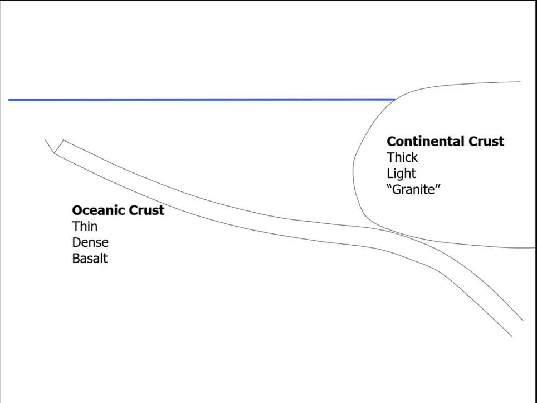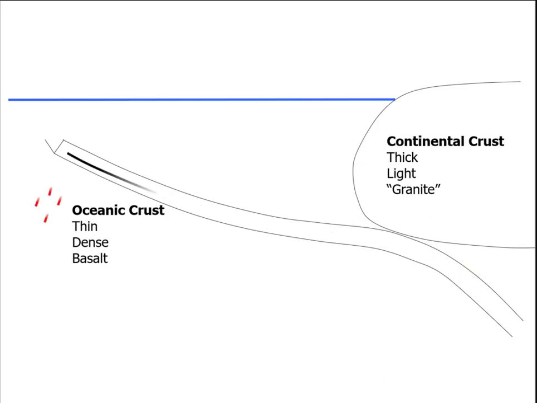What's happening here is we have a divergent boundary, and so magma is being drawn up here and creating new rock there. This slab of rock here is moving this way, and because it is thinner and more dense, when it meets this continental crust, it goes down underneath it.